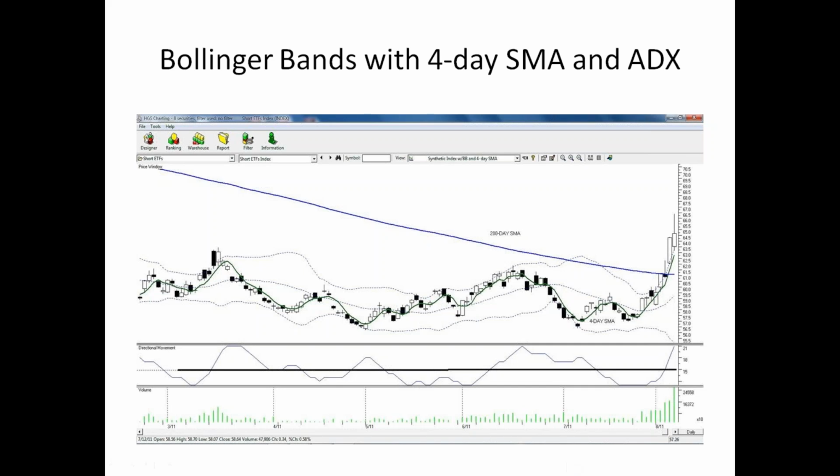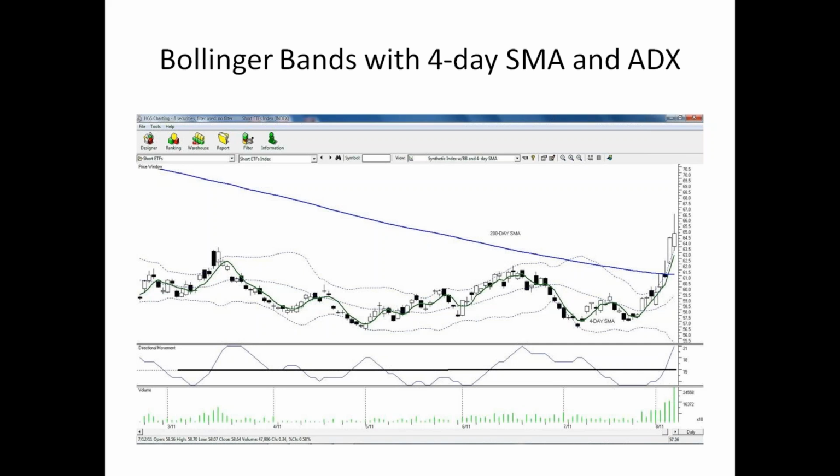ADX was developed by, and now I just blanked out on his name. Doesn't matter. Not George Lane. Wells Wilder. ADX was developed by a technician named J. Wells Wilder, and it measures the strength, not the direction of a trend. This is very, very important.